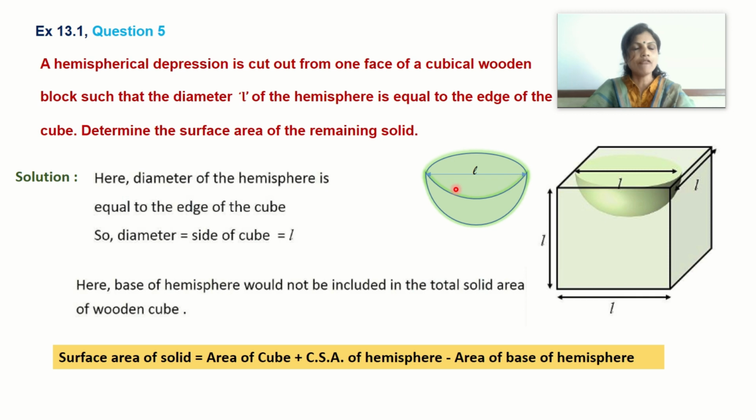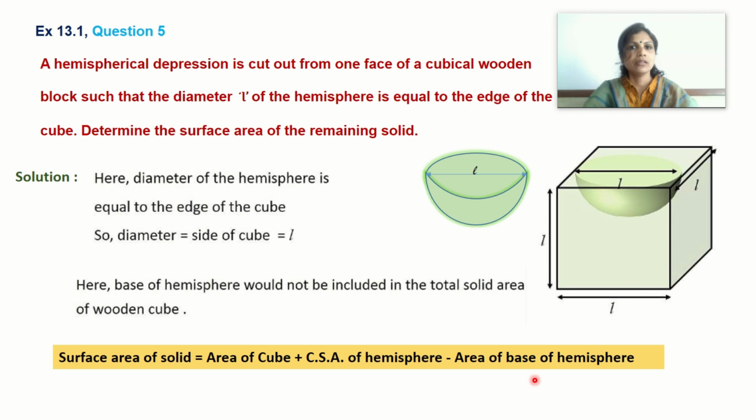Hence, when we make a formula to find the surface area of the solid, we will not consider the area of the base of the hemisphere. So our formula will be: the surface area of the solid is equal to the area of the cube plus the curved surface area of the hemisphere, and from this we have to subtract the area of the base of the hemisphere. Right?